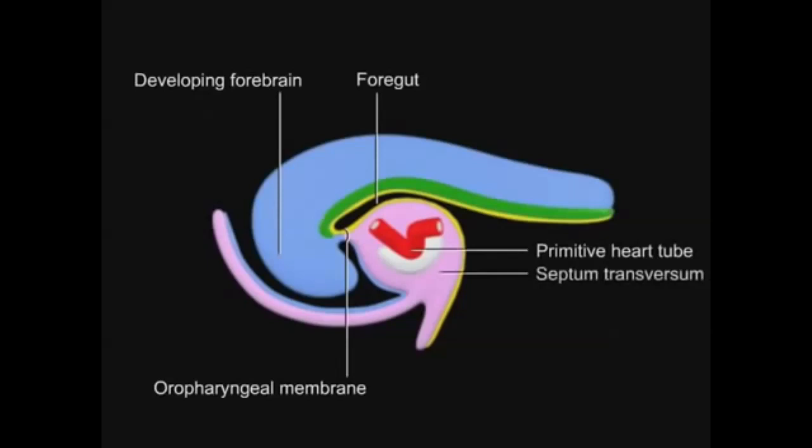And when this oropharyngeal membrane is dissolved, the outer environment can enter the internal environment, and our primitive mouth shall connect with the foregut, the future pharynx and esophagus.